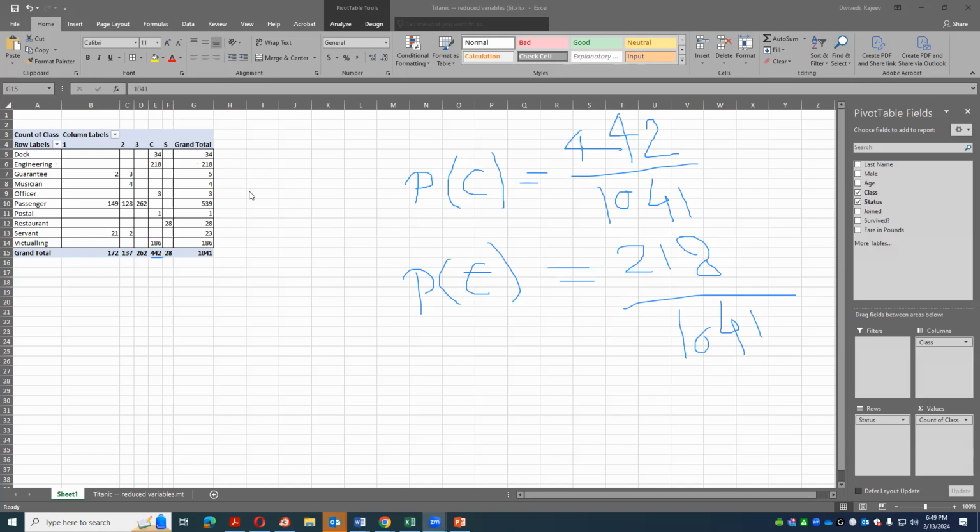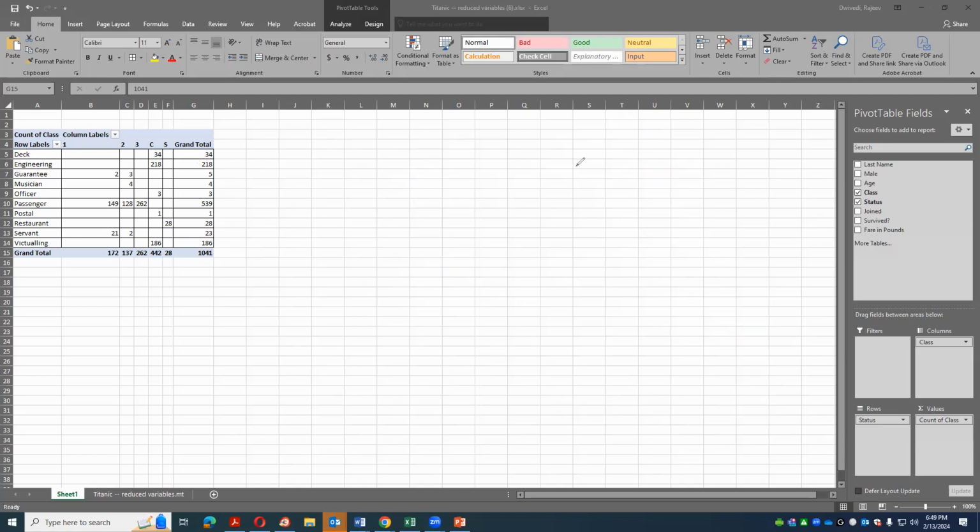Now let me explain the more complicated laws of probability. First thing, simple probability. Now probability of A and B. What is the meaning of this?